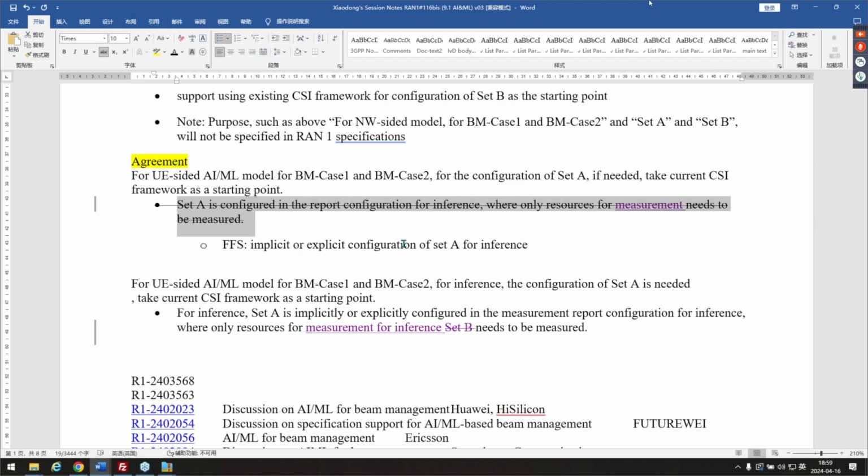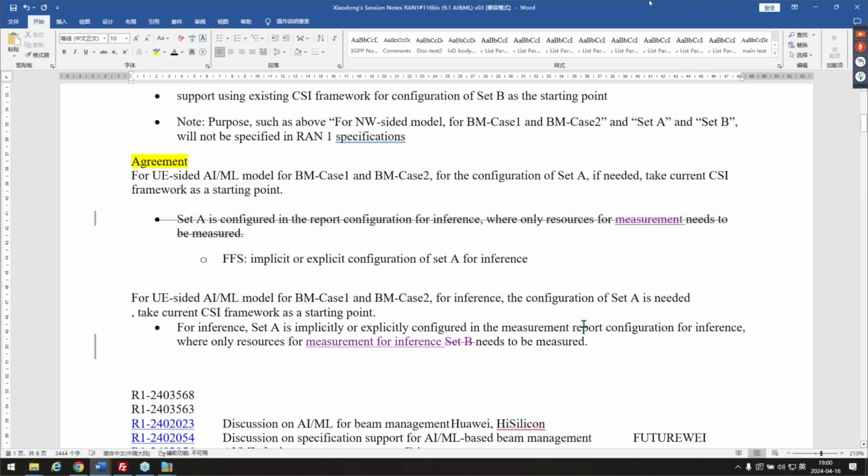For the UE-side model for inference, set A basically means the candidate beams for your report. In legacy, the candidate beams for your report are the beams for your measurement.